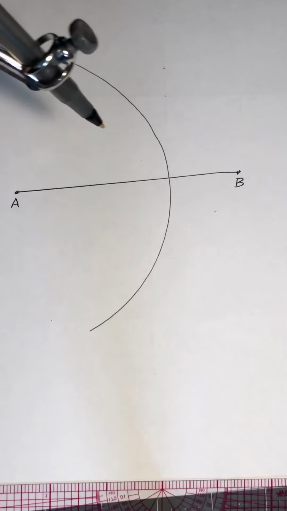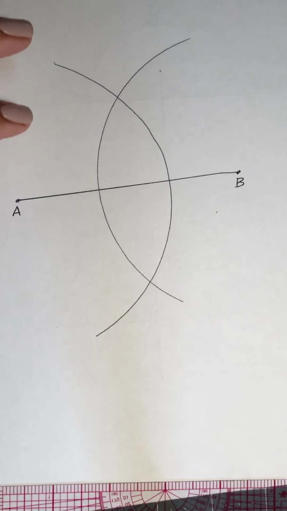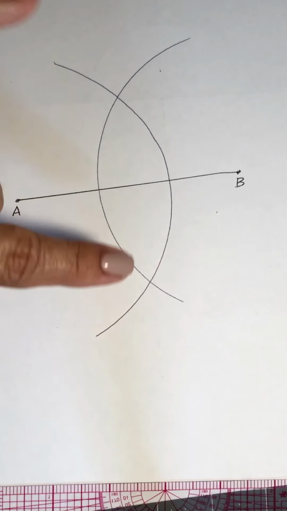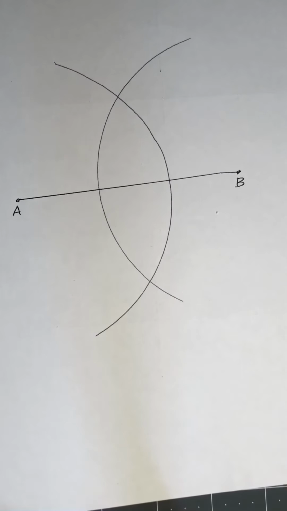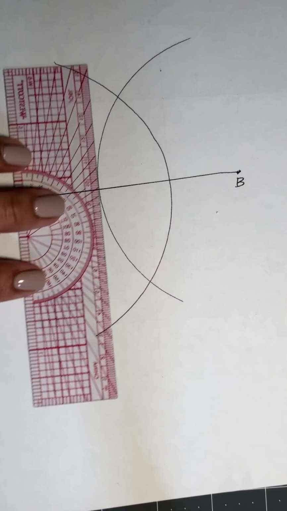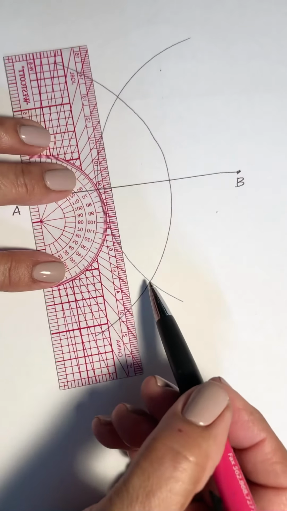So the point is to get these two to cross over, right? Now they should intersect with each other, which they do, and that's where I'm going to draw the straight line. So I'm going to get my ruler, and from this intersection to this intersection, I'm going to draw a straight line.